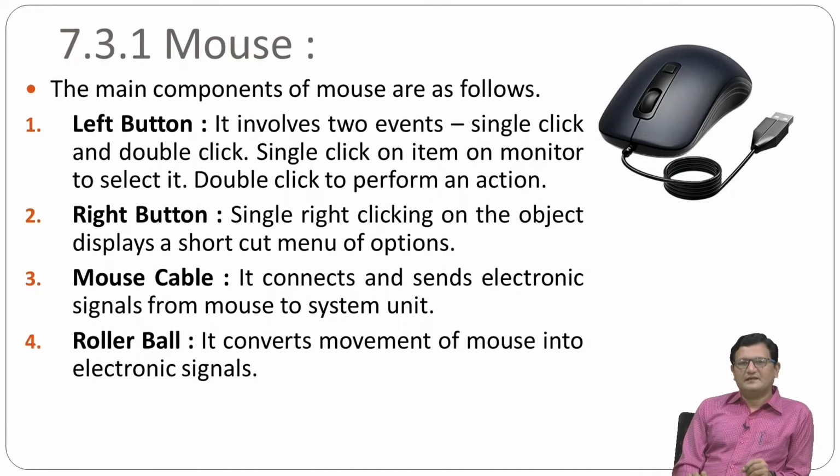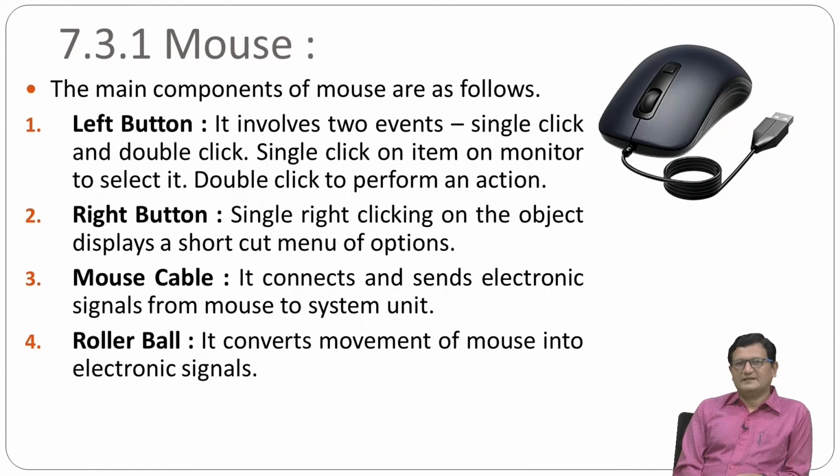Basically, if we talk about the mouse, it has 4 parts: left button, right button, then the roller ball. Sometimes instead of the roller ball, you get another button, a center button, for scrolling purposes, and the fourth part of the mouse is the mouse cable. The left button is used if you want to execute any command.